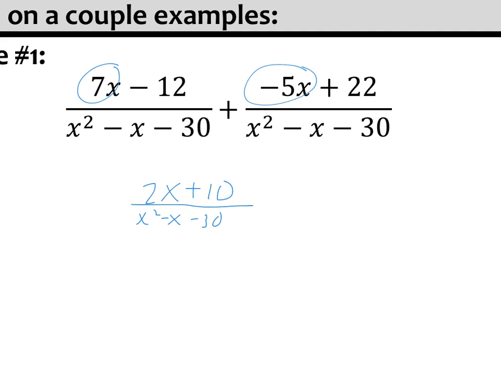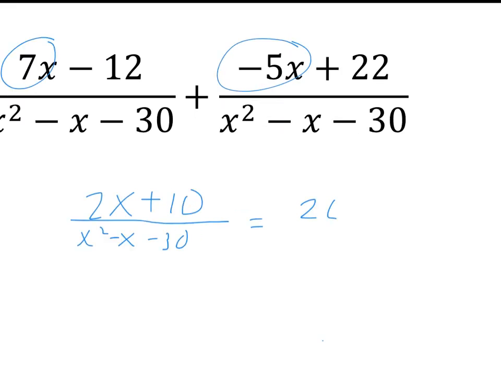Okay, now we're going to do that last step. We have to factor the denominator and the numerator to see if we have a common factor that we can cancel. So the numerator has a greatest common factor, so we're going to factor out that 2. We get 2 times x plus 5. And then in the denominator, 2 numbers that multiply to be negative 30 and add up to be negative 1 are x minus 6 and x plus 5.